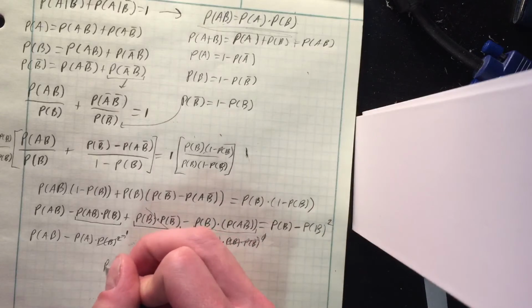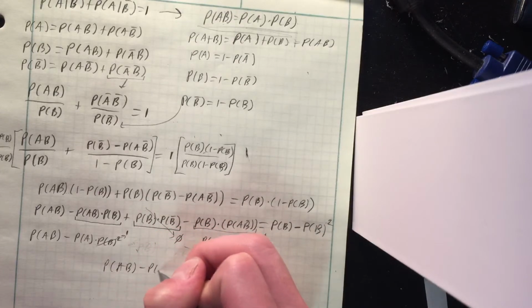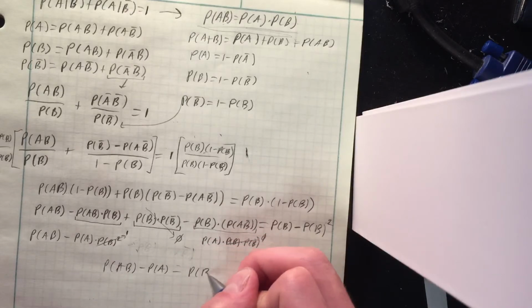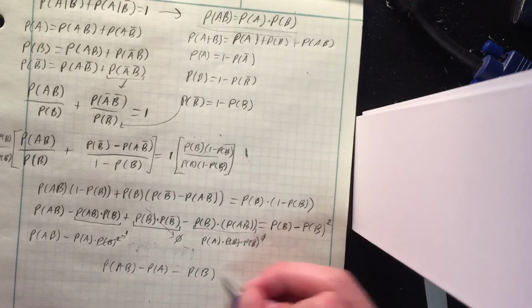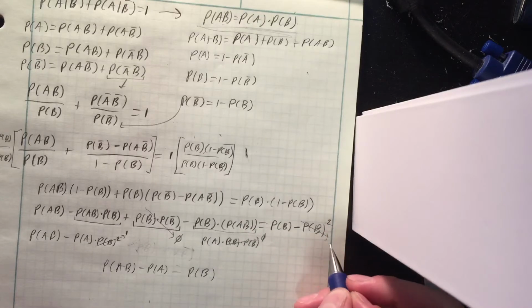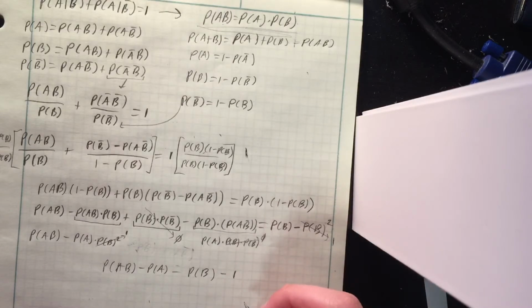Which leaves us with the probability of AB, and with the probability of A equaling the probability of B. Oh, forgot to see the probability. I would say this, I believe this becomes 1. And this 1.